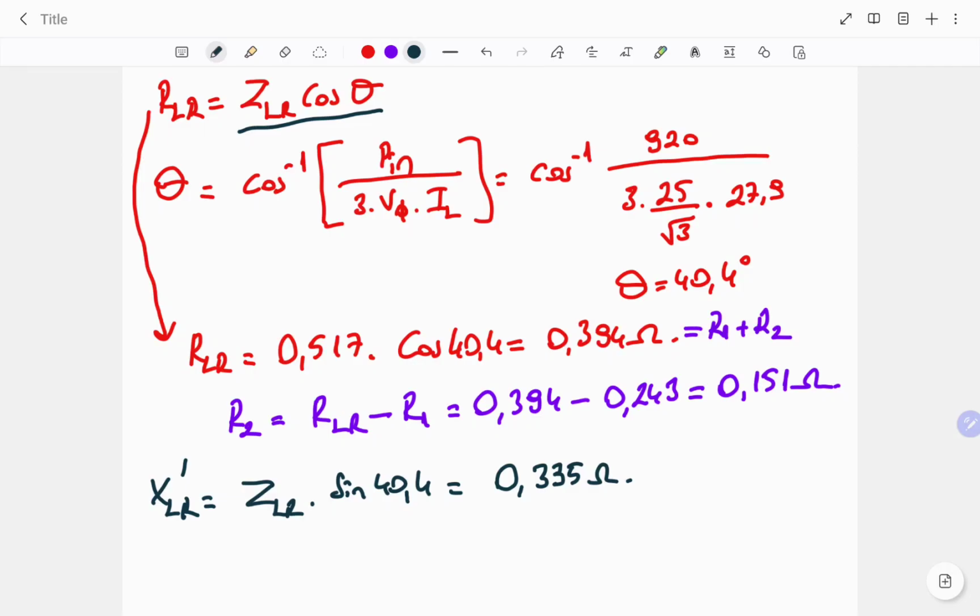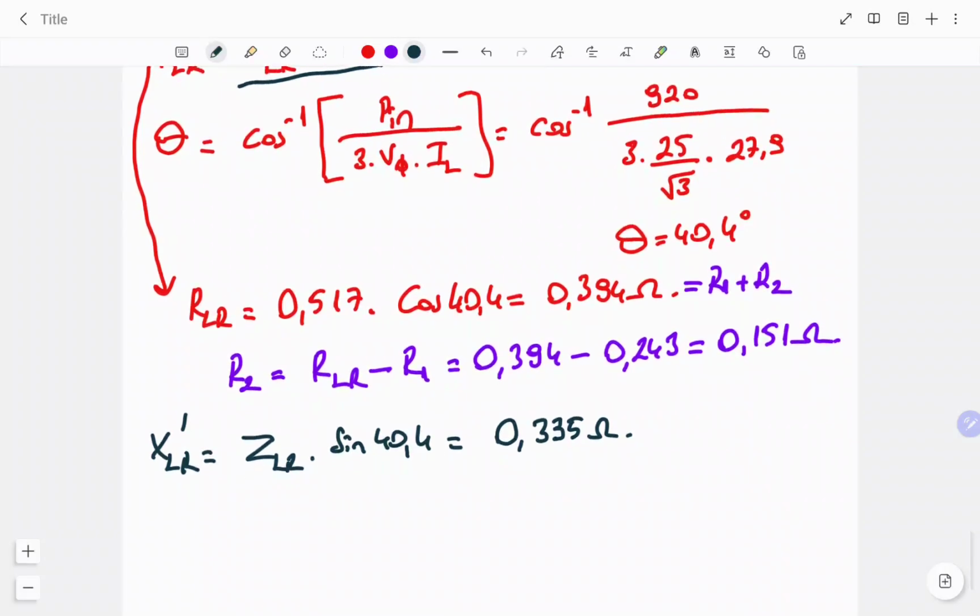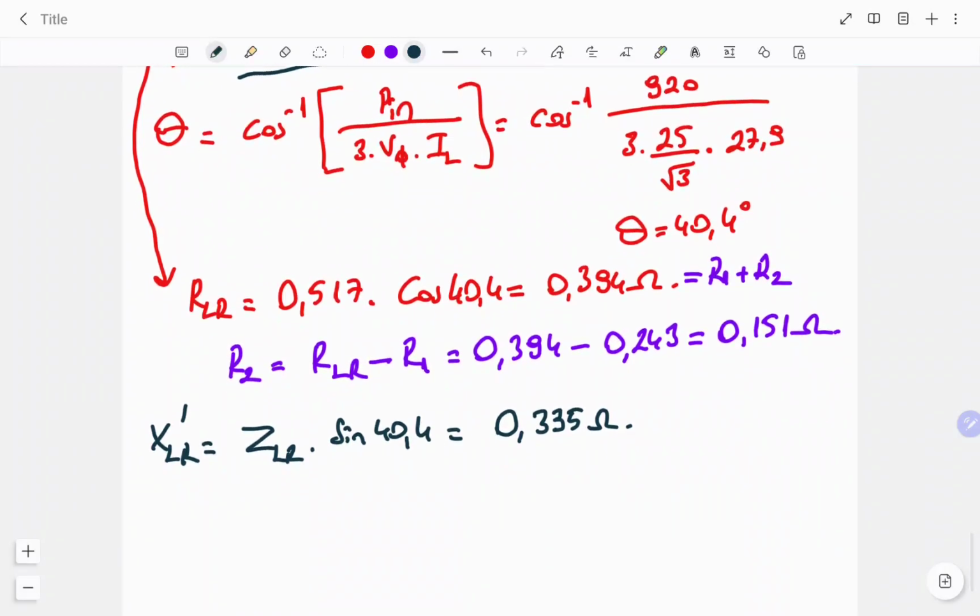The rated value of the blocked-rotor reactance can be calculated with the ratio of frequencies. So the blocked-rotor reactance will be F rated divided by F test times the test result.